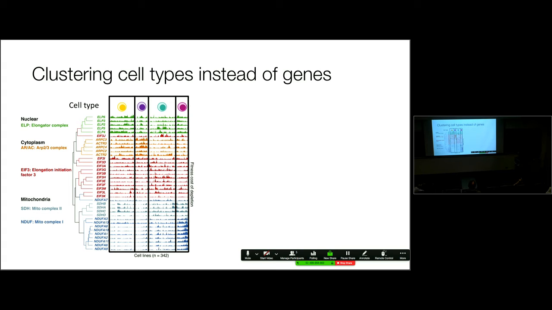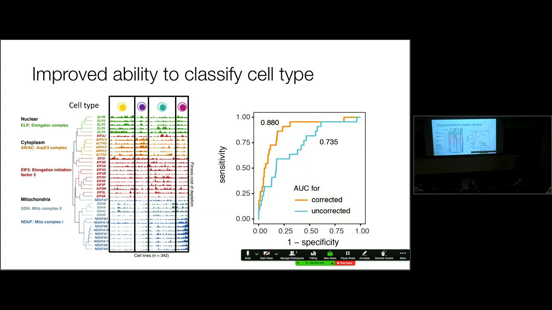Would your accuracy increase? And in fact, that is what I saw. The area under the receiver operating characteristic curve increased from 0.735 to 0.880 after performing the correction. And this suggests that we're getting this biologically interesting cell type specific signal after performing this correction. So at this point, I felt confident that this was going in the right direction.